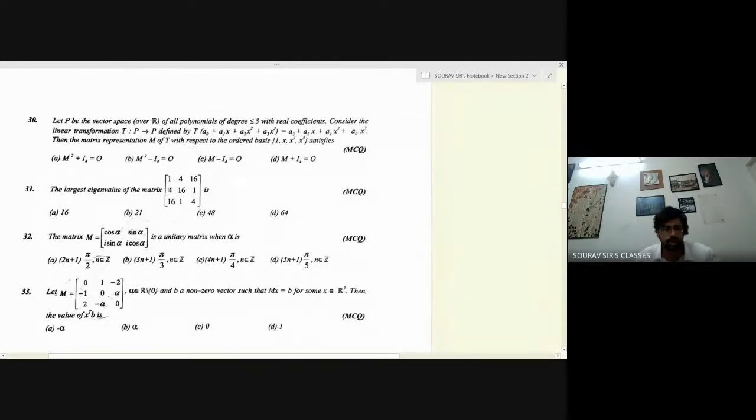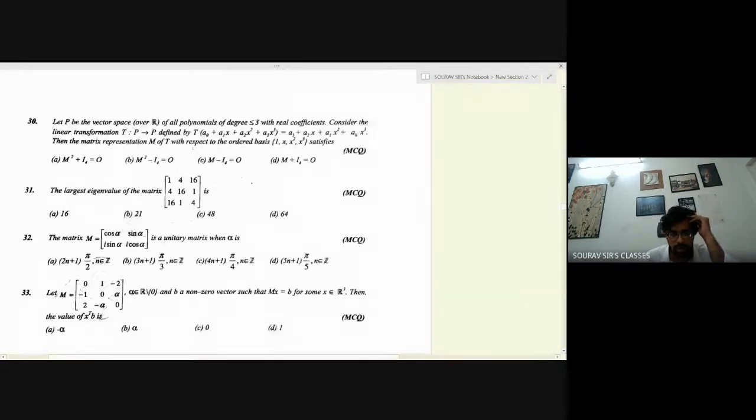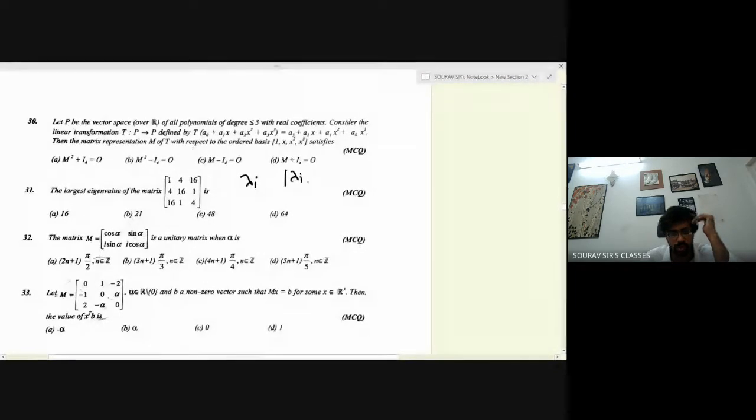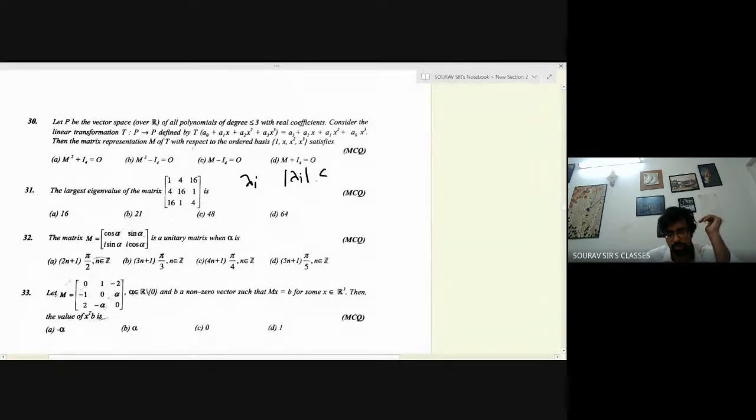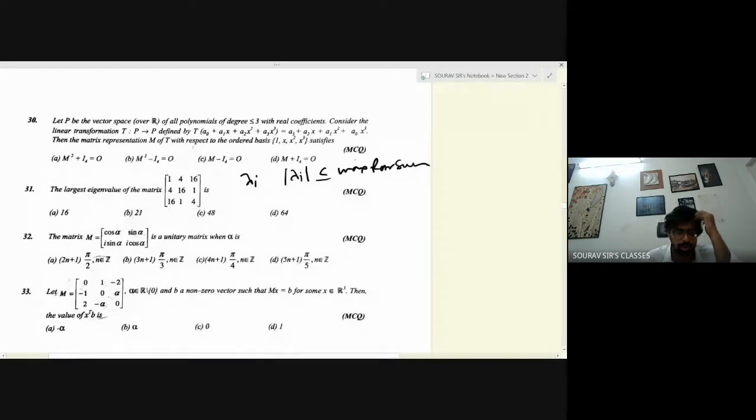What is the largest eigenvalue? 31, without calculating obviously. So let lambda i be the eigenvalue. The mod of lambda i is less than or equal to the maximum row sum, isn't it?